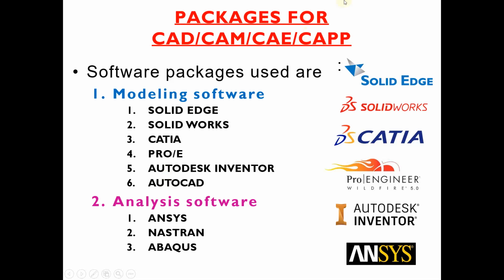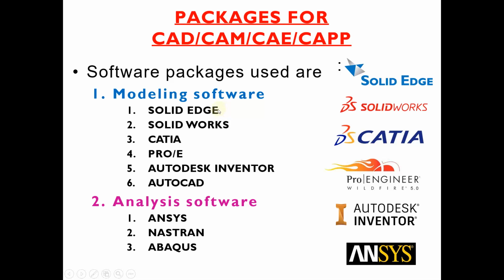Each of these softwares comes with a user license. For example, when we purchase Solid Edge, it will come as a 50 user license or 30 user license like that. So only that many users can use that particular software at that point of time.